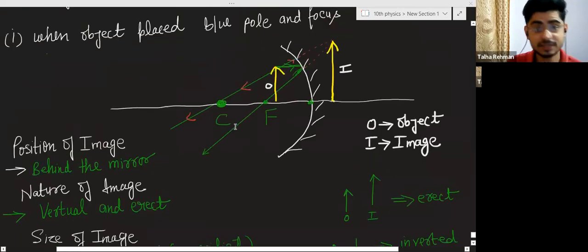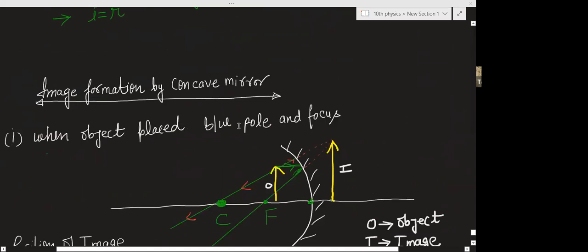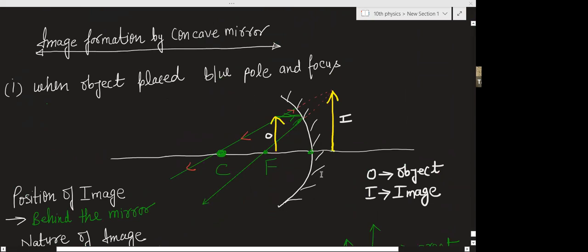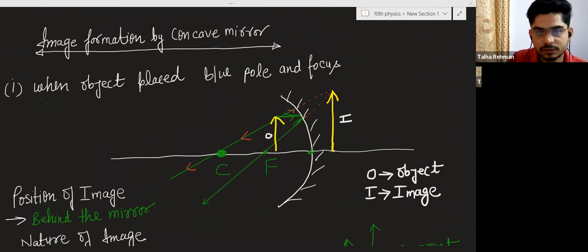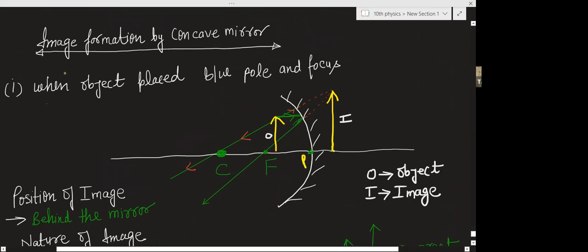In the last class, we discussed when the object is placed between pole and focus of a concave mirror. This is pole, and this is focus.